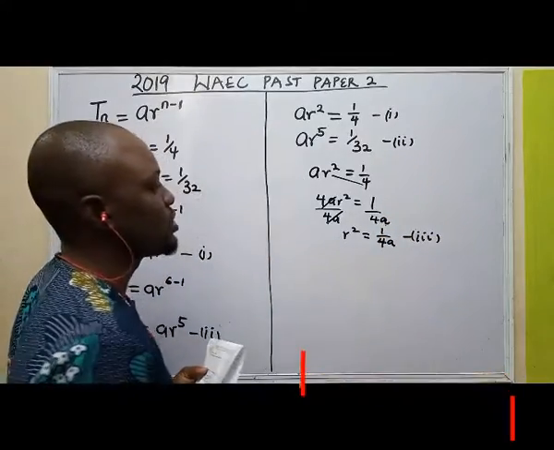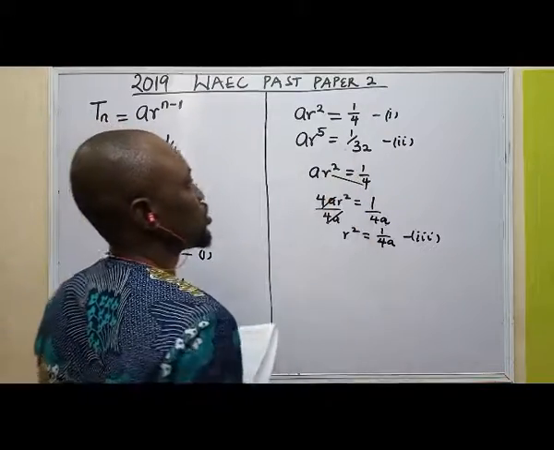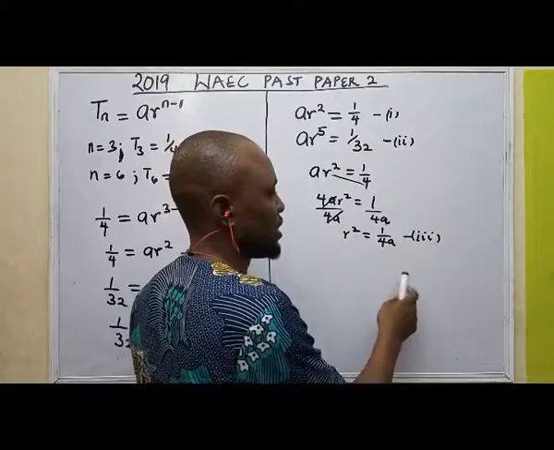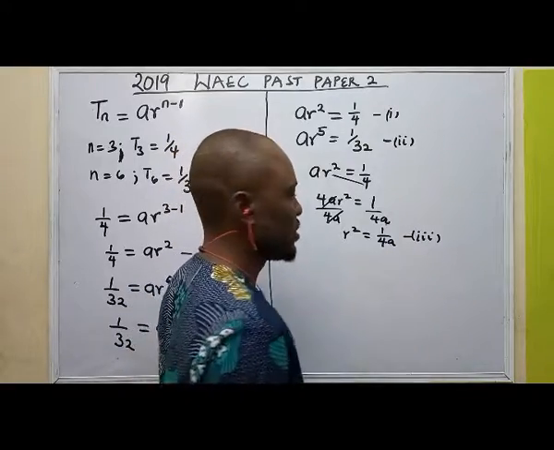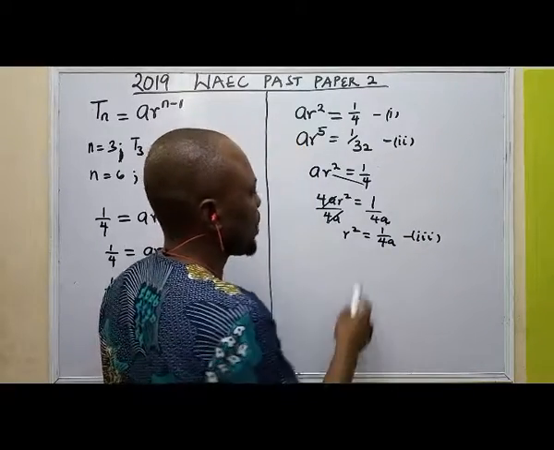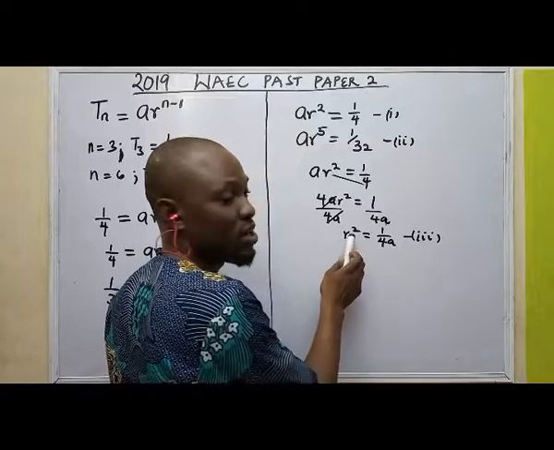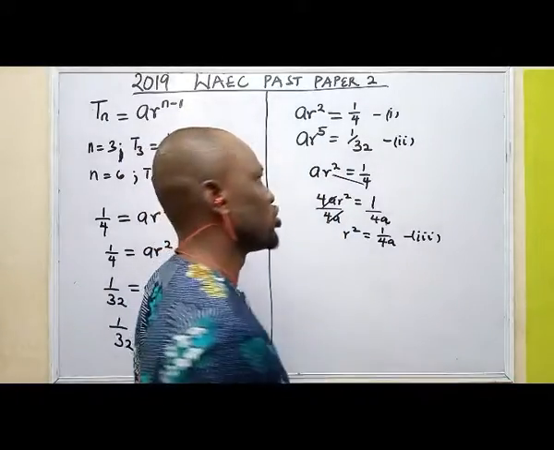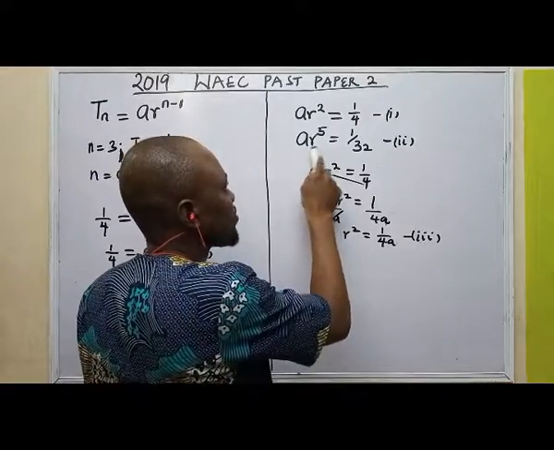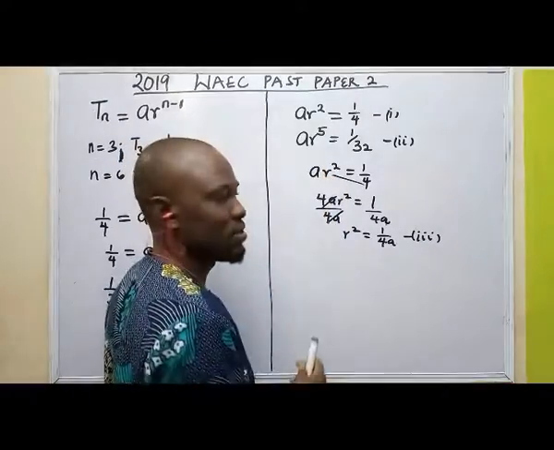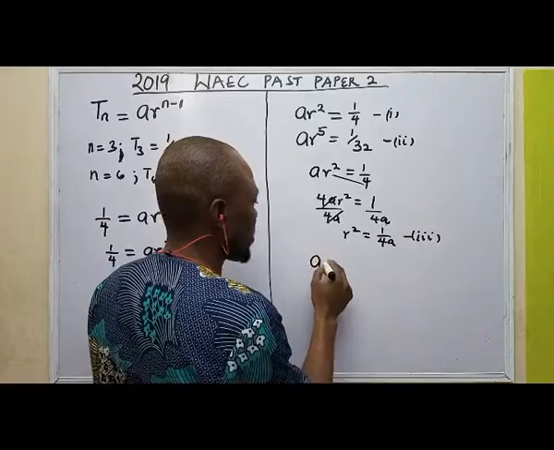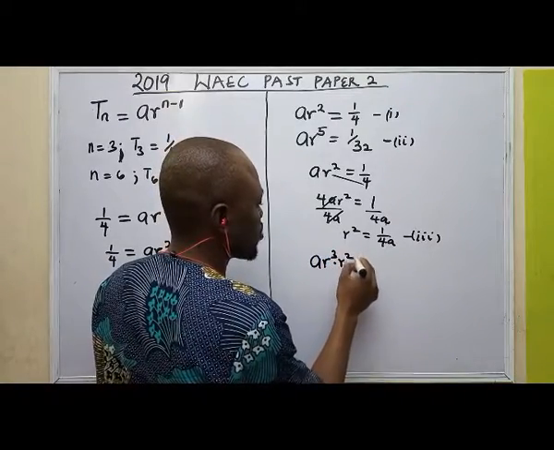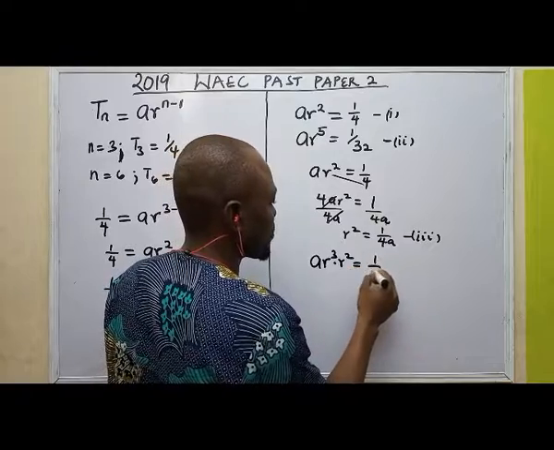Now I can substitute equation 3 into equation 2. So R squared equals 1 over 4A. This is equation 3. From equation 3, we are going to substitute the value of R squared into equation 2. But this is what I want you to do. In this place, you have to break this down by doing A R raised to the power 3 dot R squared equal 1 over 32.